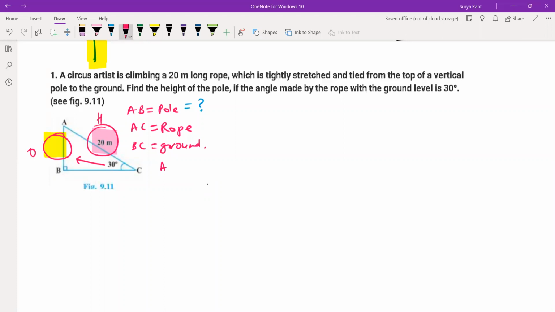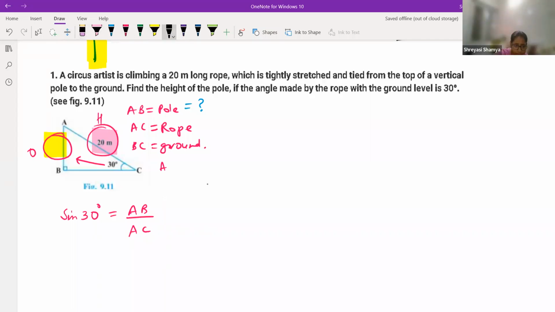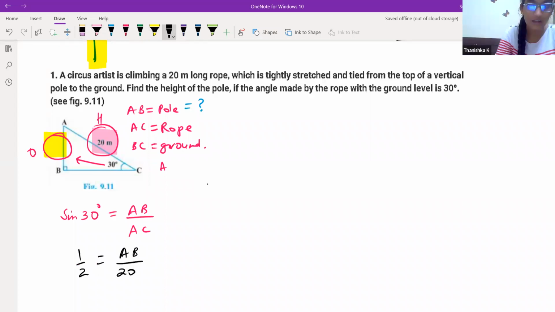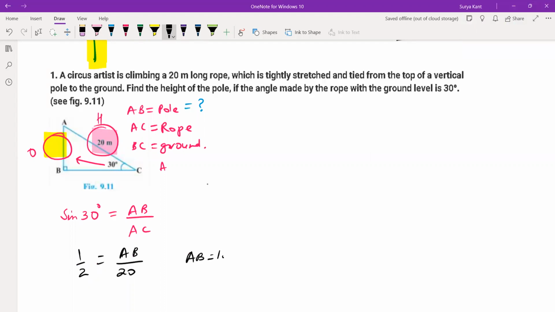The relation between opposite and hypotenuse is sine. So we use sine 30 degrees equals AB divided by AC. Put the values and tell me the answer. AB is 10 meters.